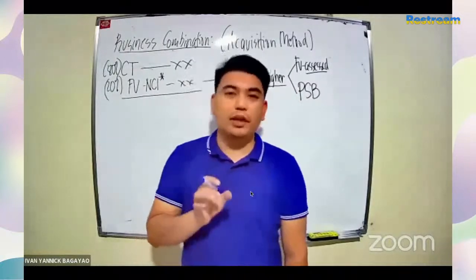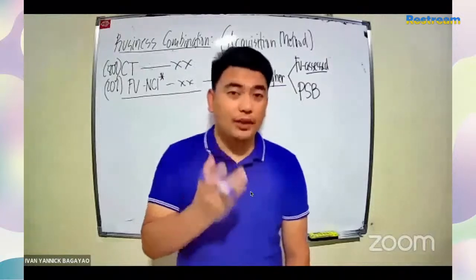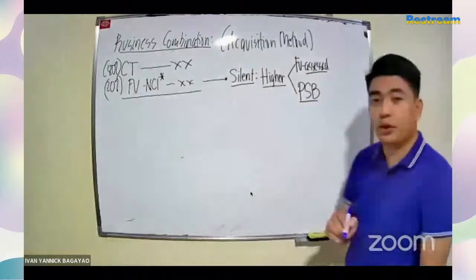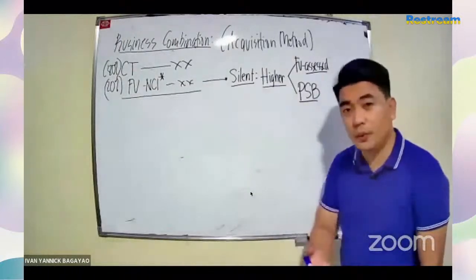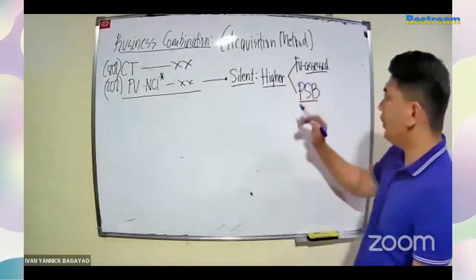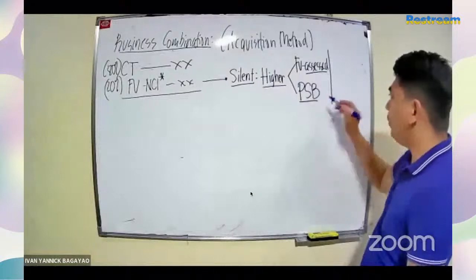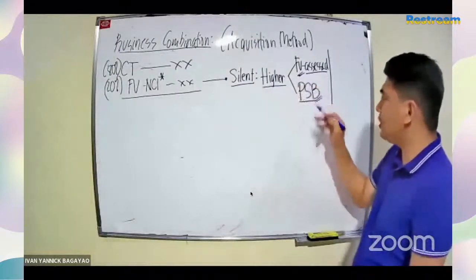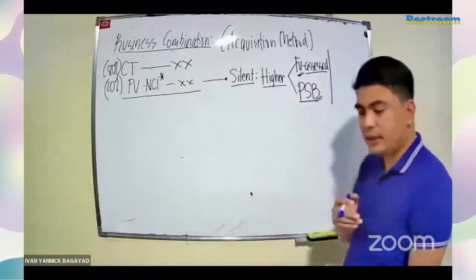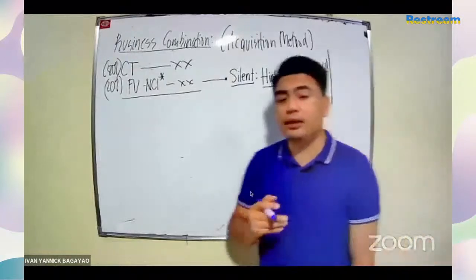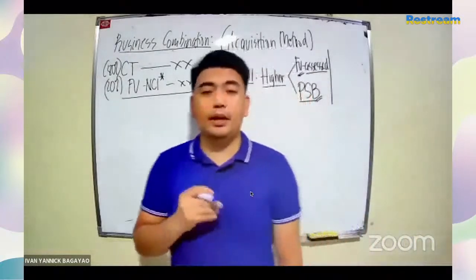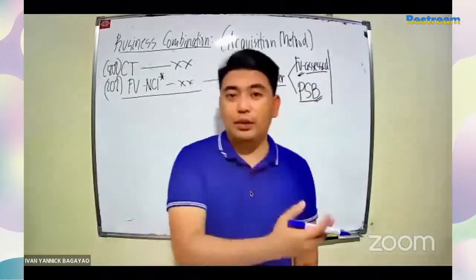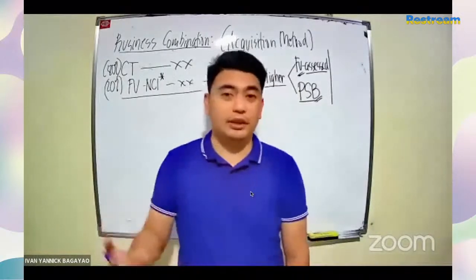Okay? Sir, what if wala pong binanggit na fair value assessed? Automatic ba na PSP na agad? Proportionate share basis? The answer is no. Okay? So, dito, kapag silent ang problem, whichever is higher between fair value assessed and proportionate share basis. Ang sabi kasi ng standards class, the combining entity can value the non-controlling interest based on fair value or its proportionate share basis.